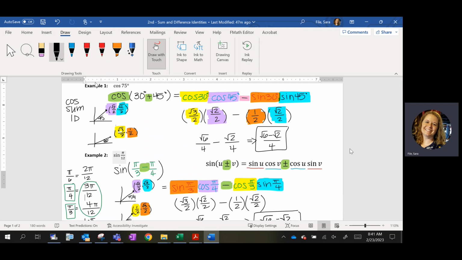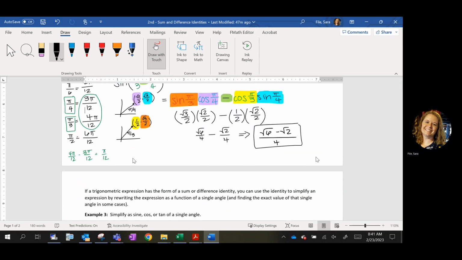Because the only thing that switches for sine and cosine is it's the opposite over the hypotenuse instead of the adjacent over the hypotenuse. And if these are complementary angles, those are like the opposite and adjacent sides of the same right triangle. Does that make sense? You didn't have to realize that, but that's an interesting connection, and that's why they came out the same, because those two angles are complementary angles.